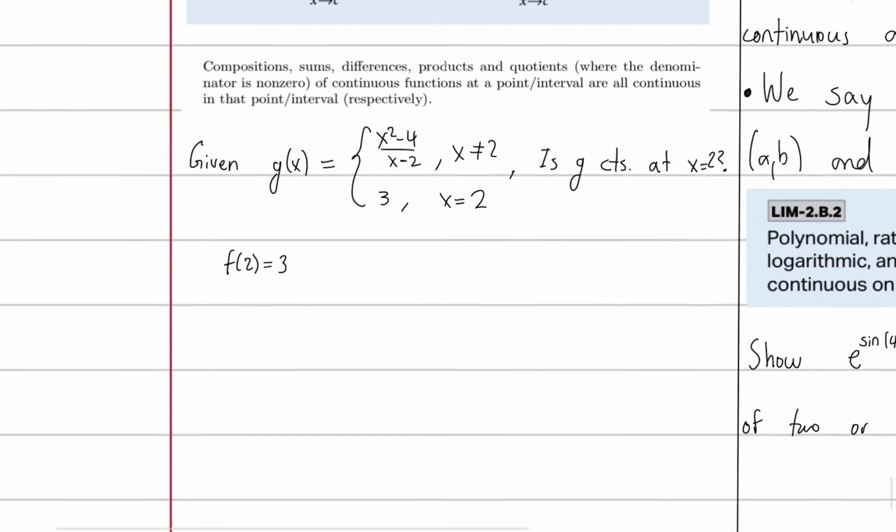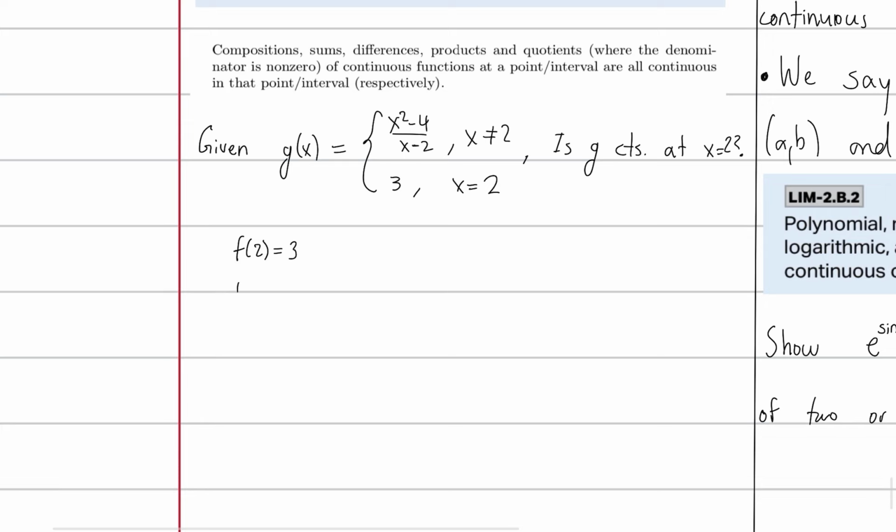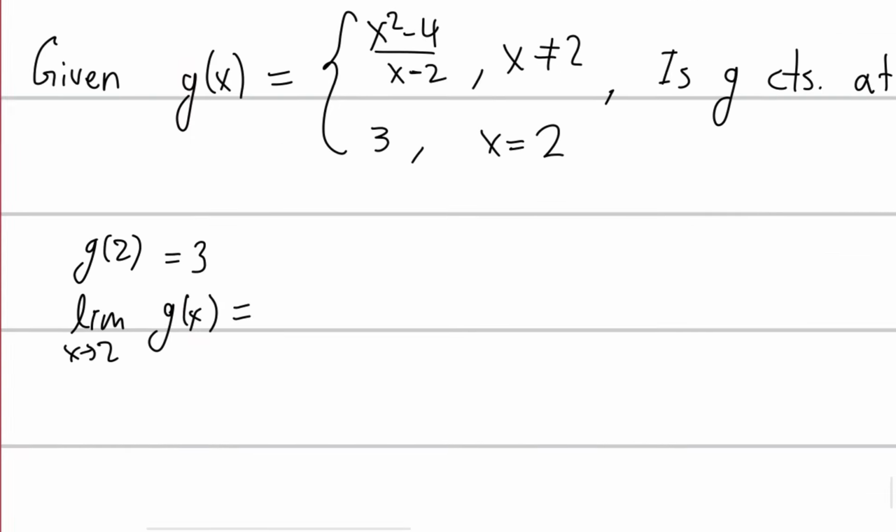Second condition, does the limit exist? Well, the limit as x approaches 2 of g of x, this is g of x. So this limit is just equal to, well, we know that from the left and from the right, our function is going to be behaving like this top piece.